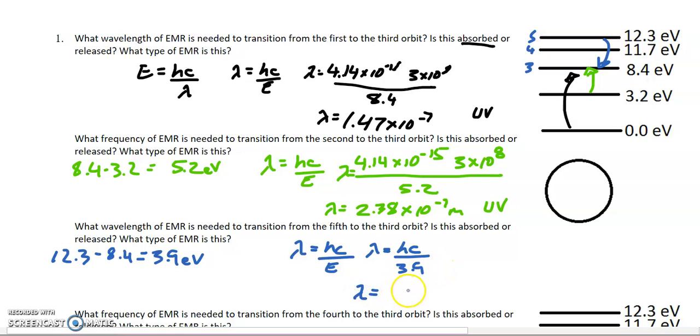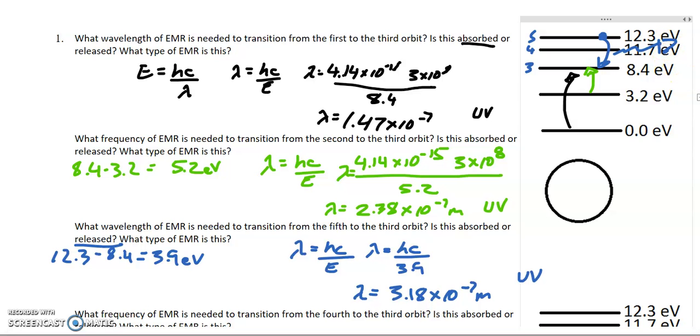So we wind up with 3.18 times 10 to the negative 7 meters, again being in the UV, but in this case, this is released. So this UV photon is going to be coming out as the electron moves from the fifth to the third orbit.